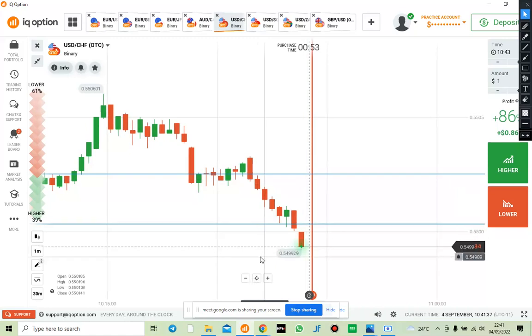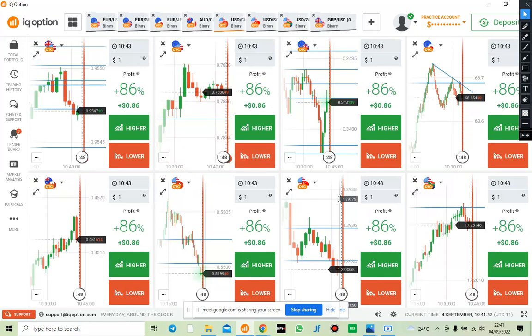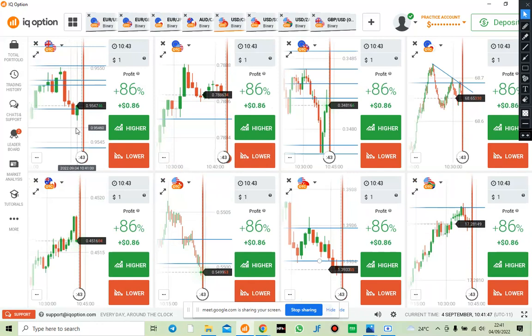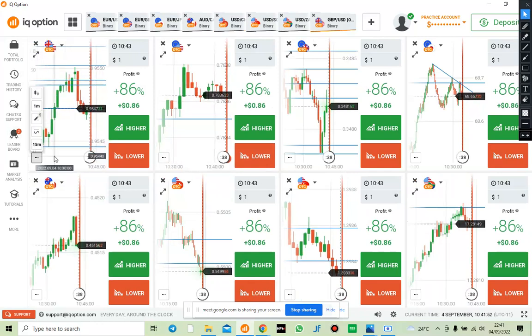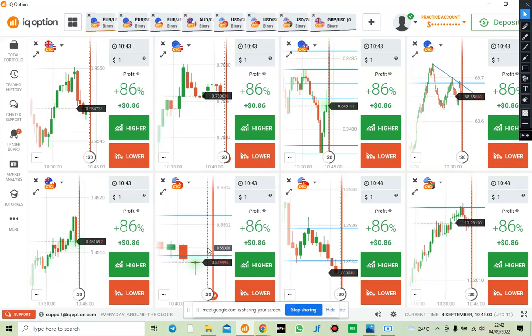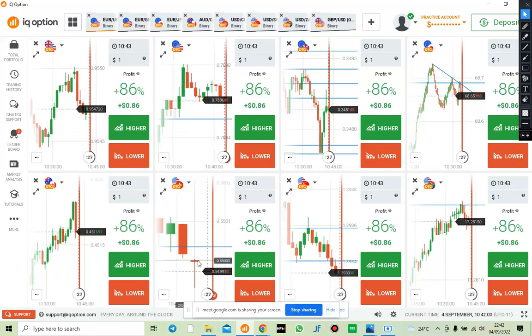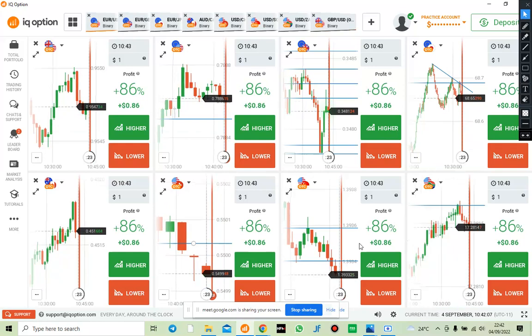It's a gap down. It's still a gap. Avoid trading gaps. Okay, it's not safe. It's not good.